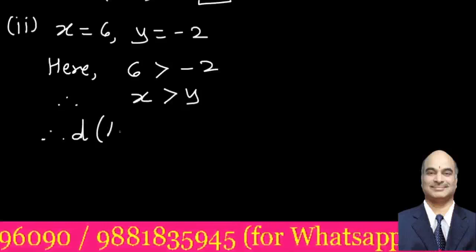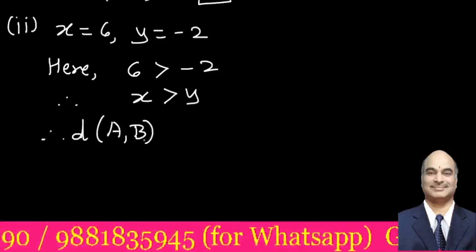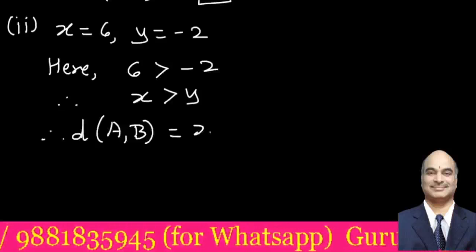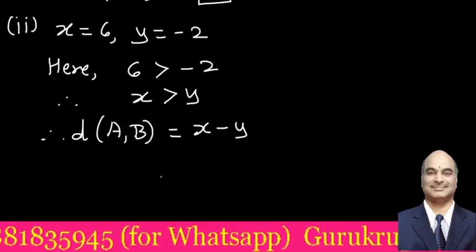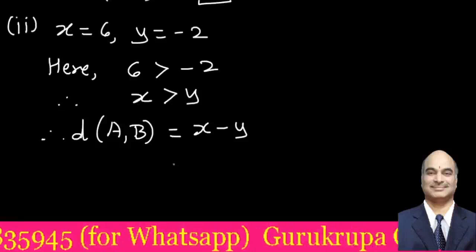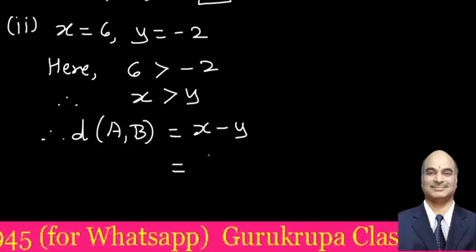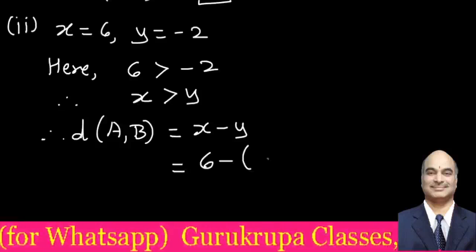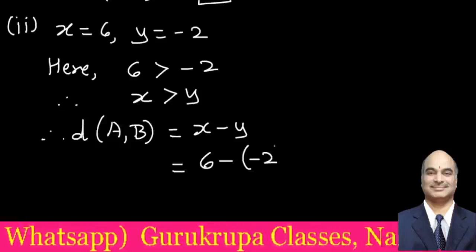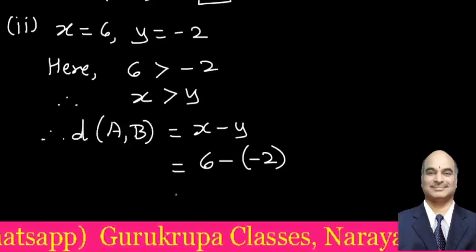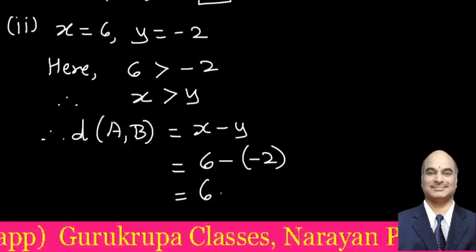Therefore, distance AB is equal to the greater number x, with y subtracted from it. Value of x is 6 minus the value of y, which is negative, so we have to bracket it. Minus into minus is plus.